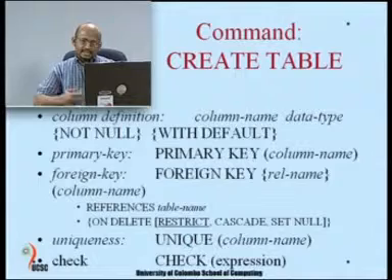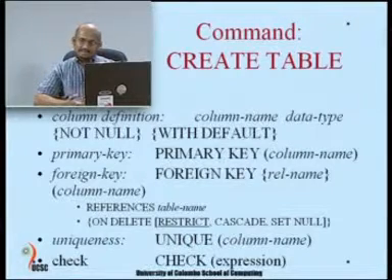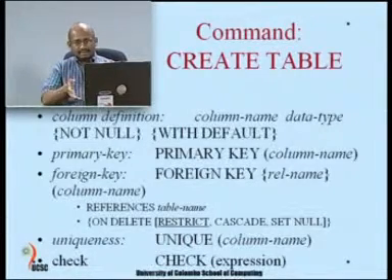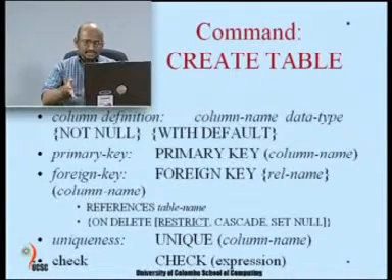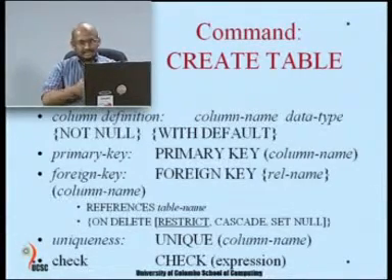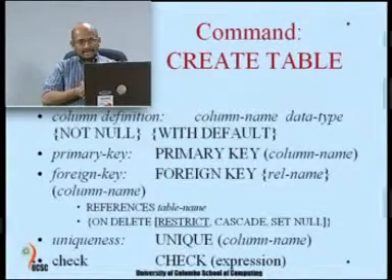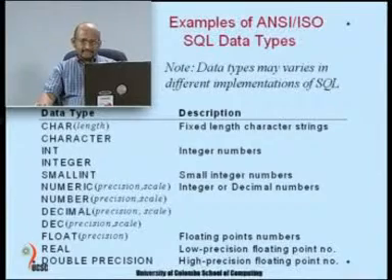Then there can be some optional constraints in the same definition, or you specify the constraints separately, like primary key, foreign key, uniqueness and so forth. For primary key we are given a keyword called primary key, for foreign key a keyword called foreign key, for uniqueness a keyword called unique, and for check constraint a keyword called check. In addition there is also a constraint called not null, which we will also introduce subsequently.